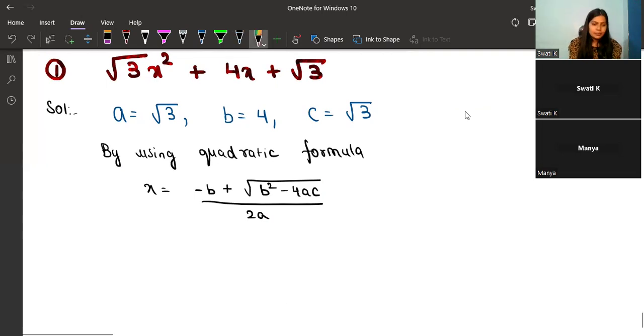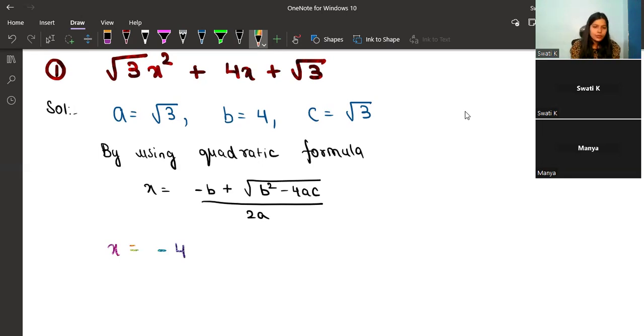So next step, x will be equal to minus, as it is, because that is in the formula. Will it not be 4 because b is 4? Of course, b is 4.